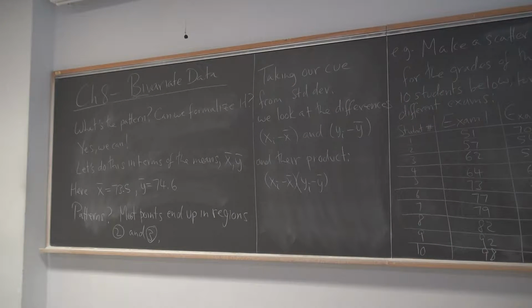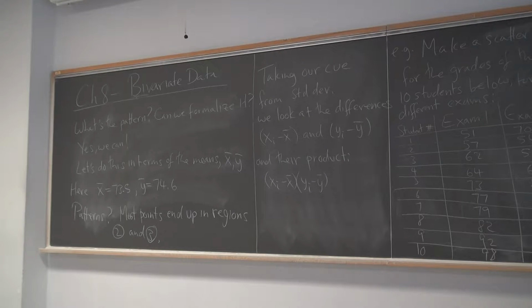Now, I numbered the regions. So what can I say about the signs here? If I look at x minus x bar, y minus y bar, and the product x minus x bar times y minus y bar, what would be the signs of these?